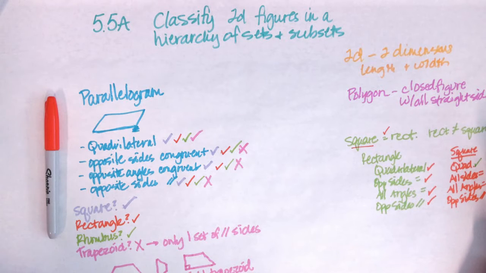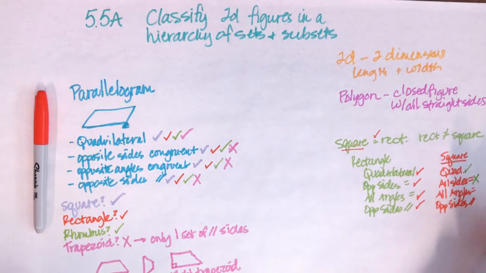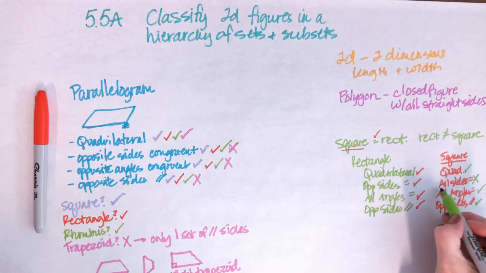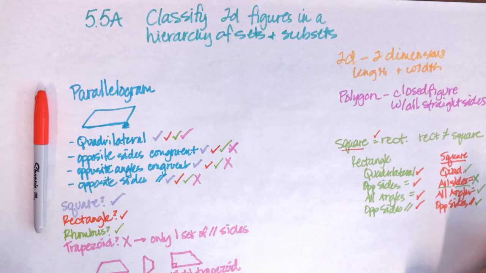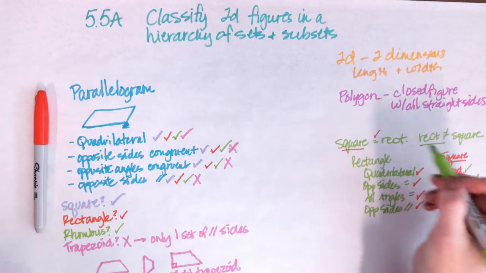Yes. Are all sides equal? No. Opposite sides are equal, but not all sides. Are all angles equal? Yes. They're all 90-degree right angles. Are opposite sides parallel? Yes. But we cannot say that a rectangle is a square because it doesn't fit all of the attributes of a square. Because all sides are not equal, a rectangle is not a square. So that's why that is true.